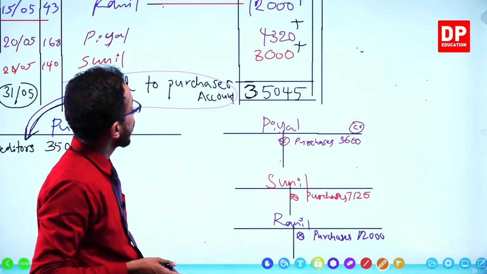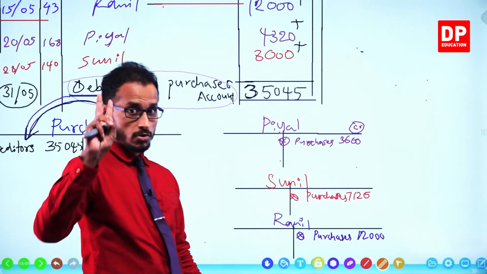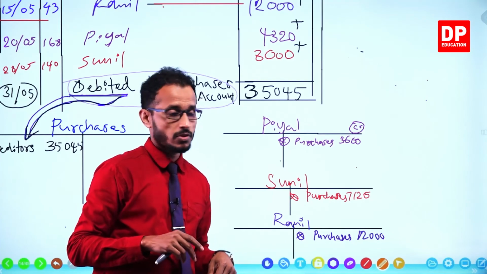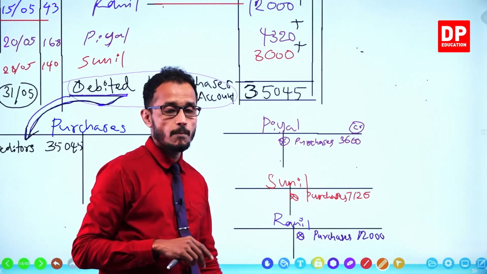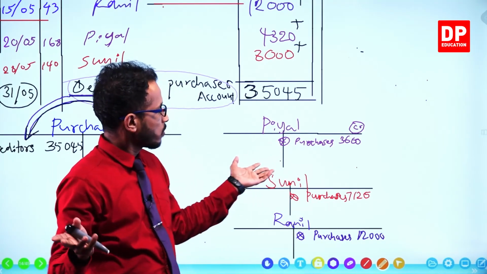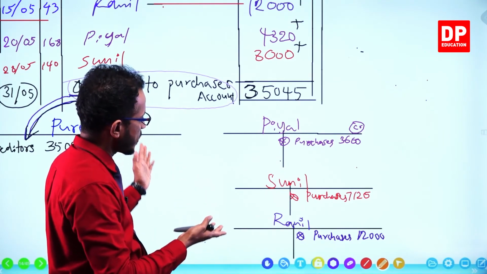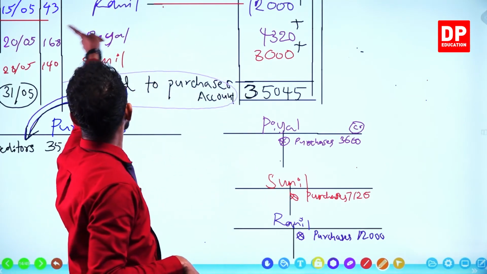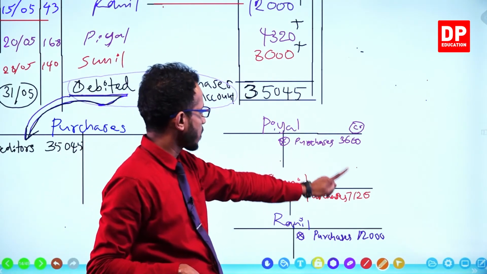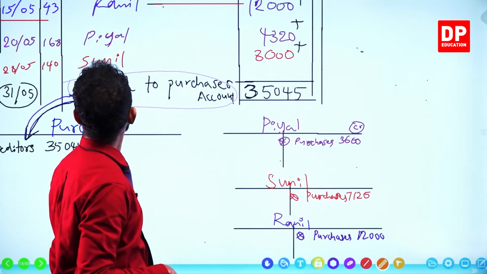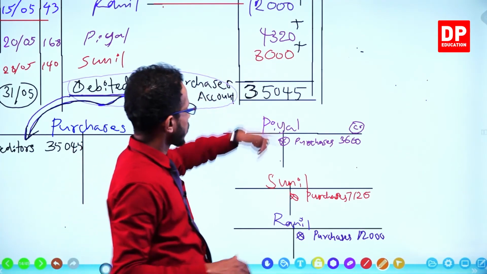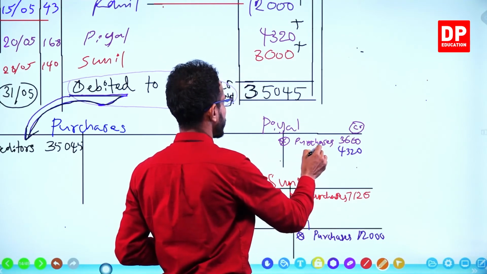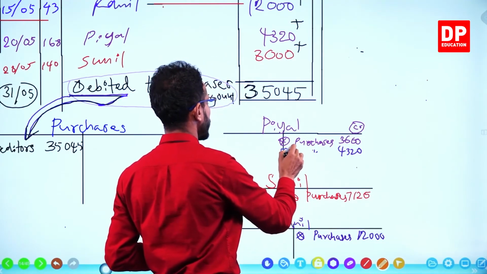Finally, children, we have two more transactions from the same suppliers. So same as we did up to now, you record those amounts in the same accounts. Pial 4,320 purchases with the date.